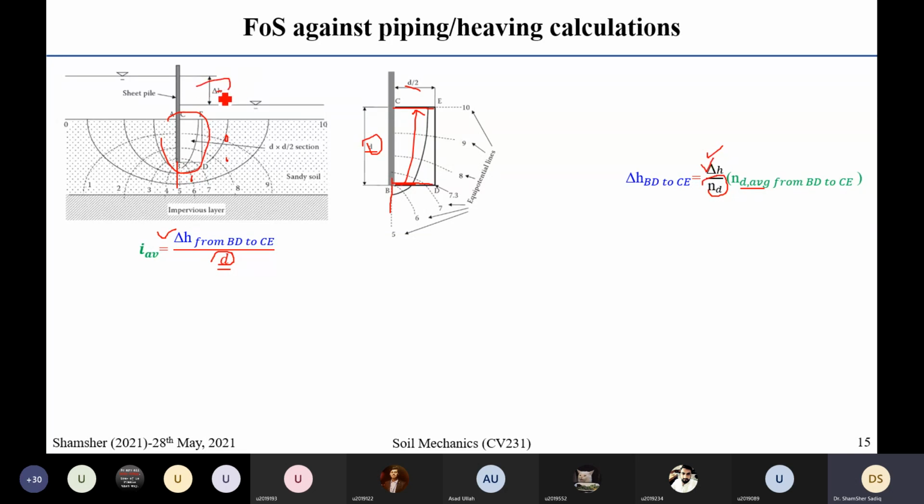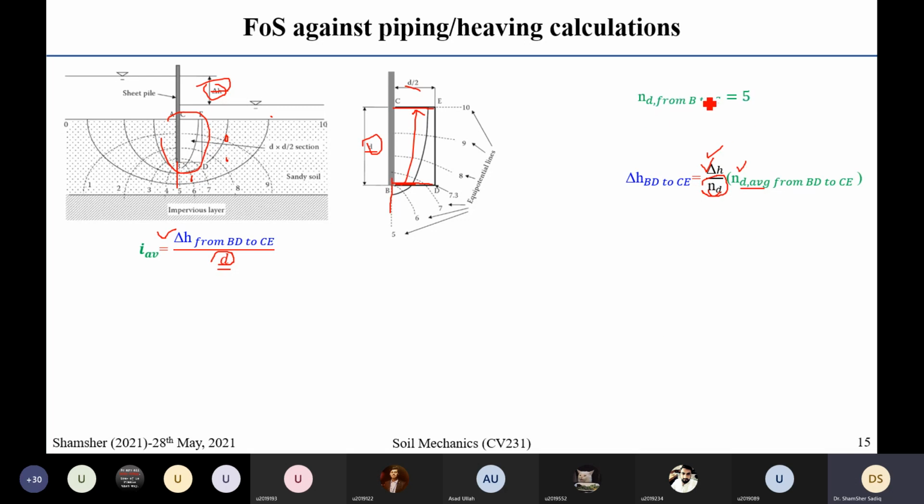This is already given to us, the total head loss, which is 7 meters. How much is n subscript d? Who would like to tell me? You can count the equipotential drops 1, 2, 3, and so on to 10. So this is given to you. The only thing we need to calculate is the average number of equipotential drops.